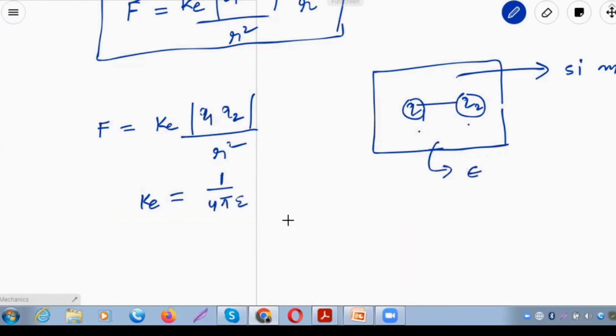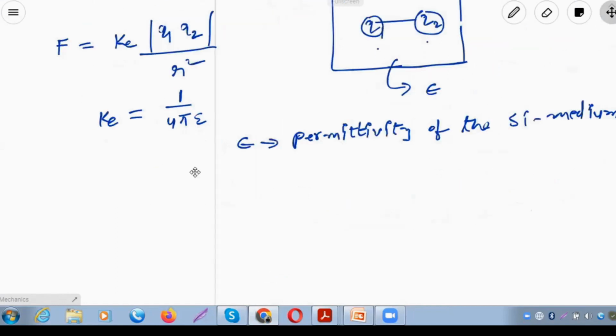Epsilon is the permittivity of the silicon medium. You cannot write epsilon naught. So now Ke is this.